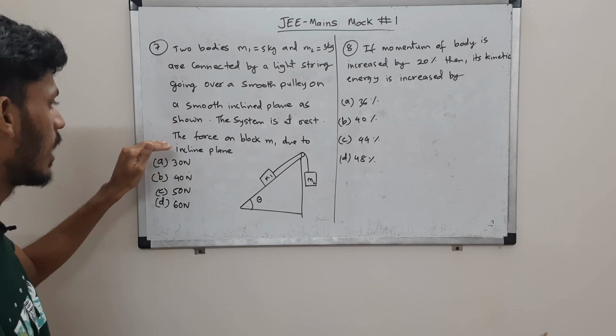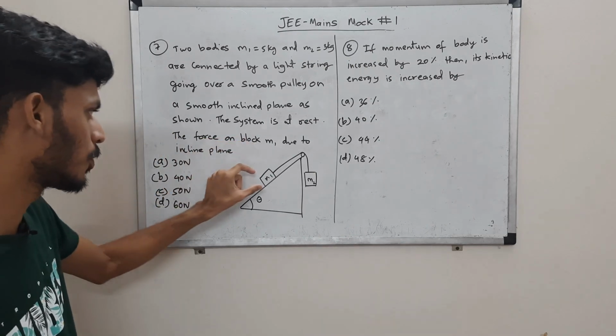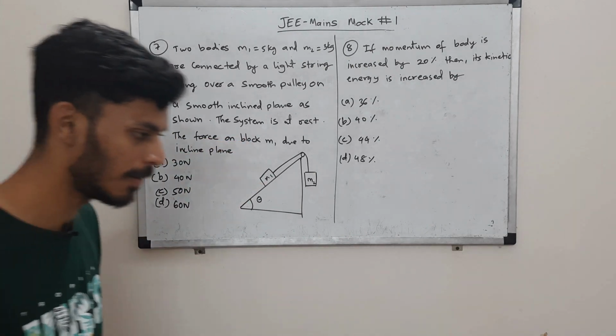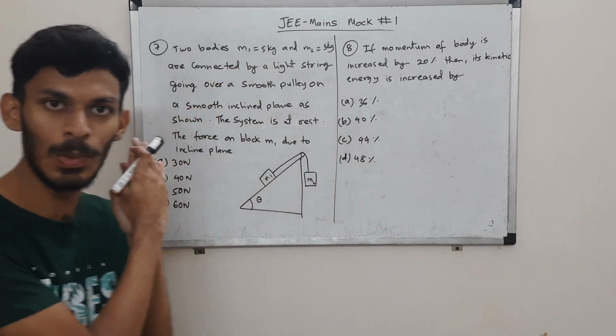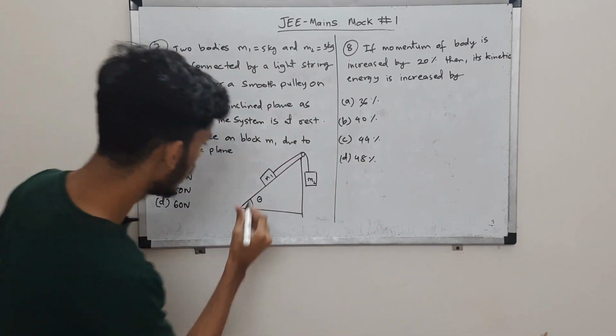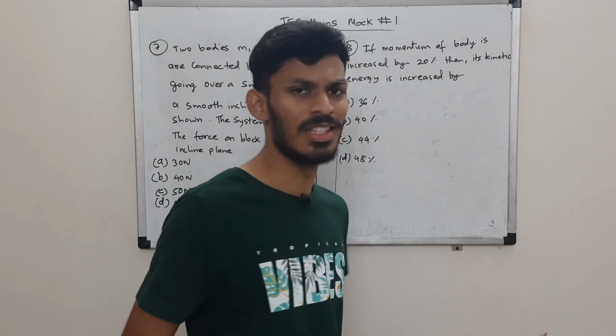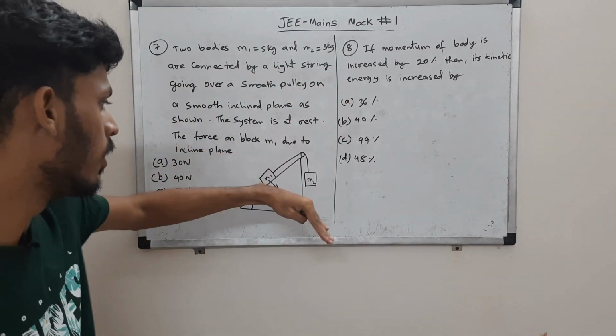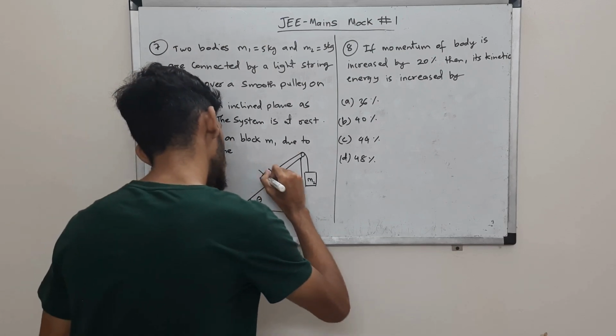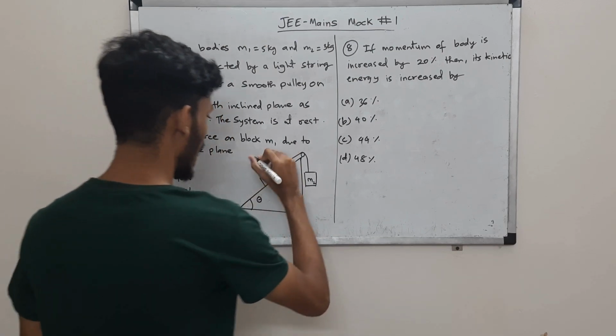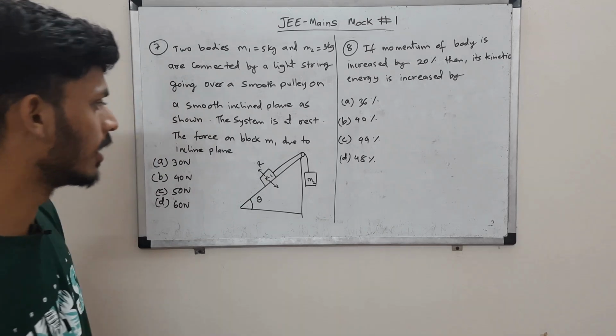You are supposed to tell what is the force on M1, the force on this block due to the inclined plane. Of course, there is contact between these two, so the block itself will put a force, a component of its weight, on the inclined plane, and there will be an equal and opposite reaction force from the inclined plane.